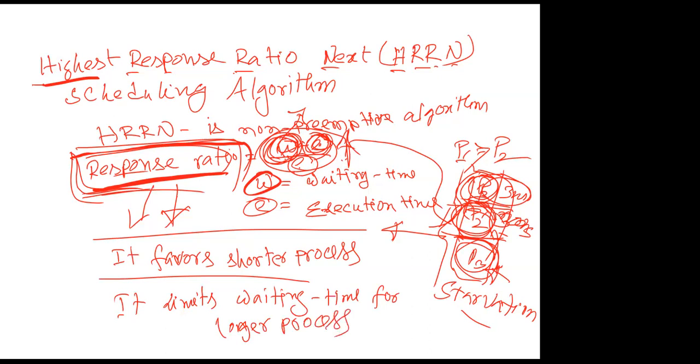A longer process may not suffer from the starvation problem. You can avoid the starvation problem if you use the HRRN algorithm.